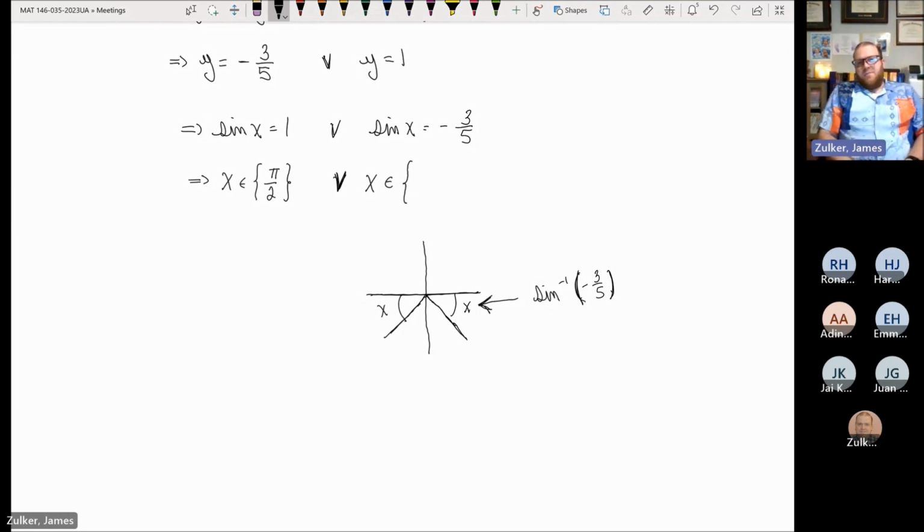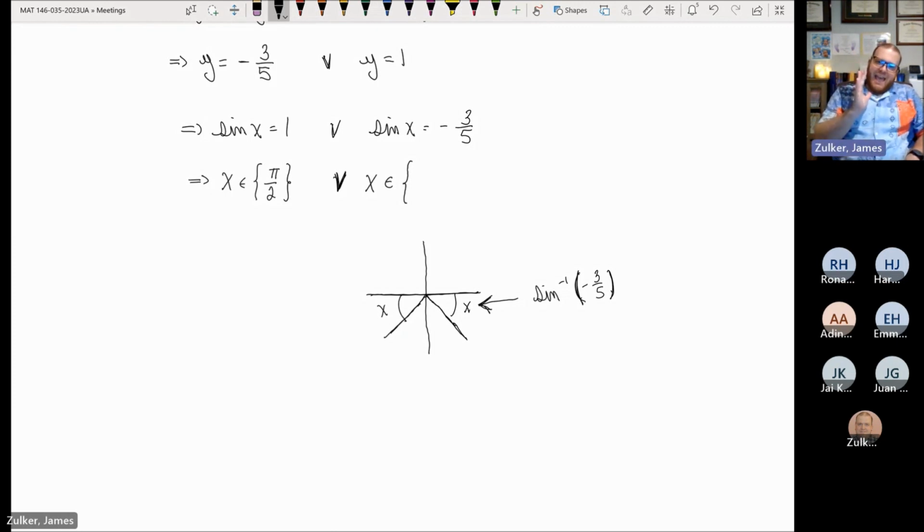That is the inverse sine of negative 3/5. But that angle is not between 0 and 2 pi. In fact, it's going to be a value between negative pi over 2 and 0, right?